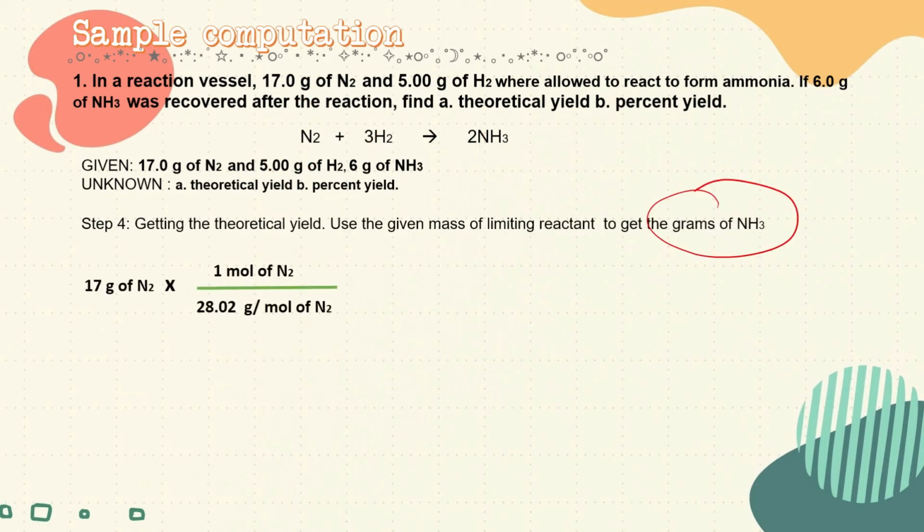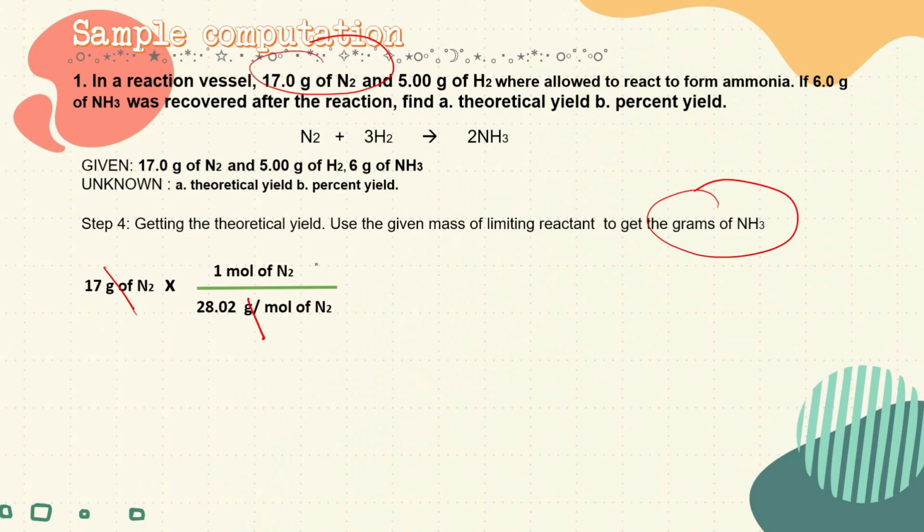We use the mass of the nitrogen which is given, 17.00 gram of nitrogen gas times 1 mole of nitrogen over 28.02 gram per mole of nitrogen gas. So cancel out natin yung gram, cancel out natin yung gram dito.